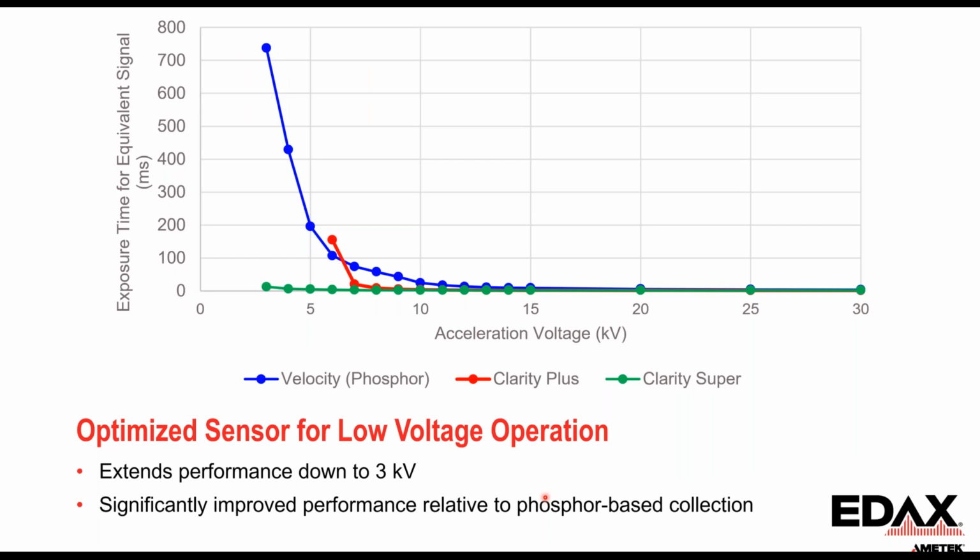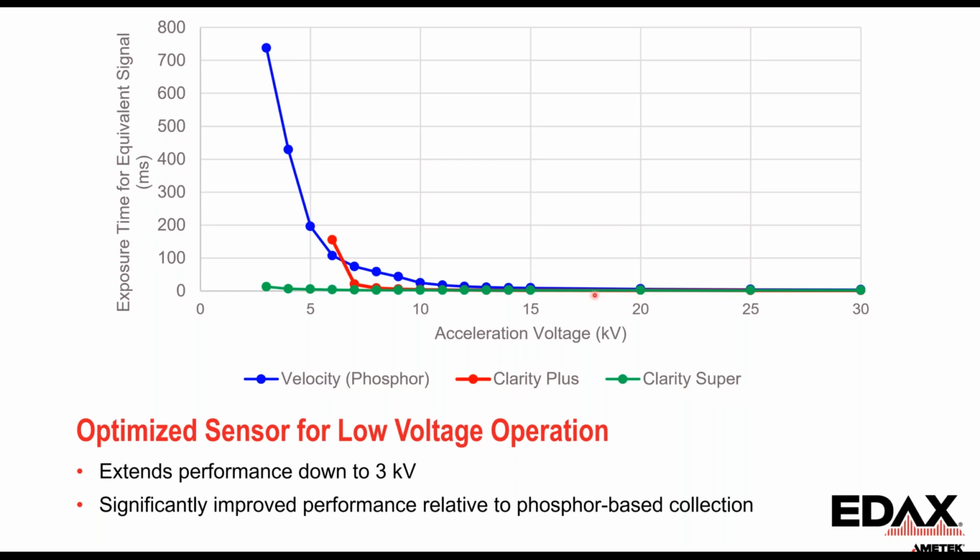This is just a little chart showing the improvements we were able to introduce with the Clarity Super. Let me explain the chart first. This is the time to equivalent signal for a Velocity, a phosphor-based detector, and then the Clarity Plus, which is our first generation Clarity, and then the Clarity Super, which is our second generation.